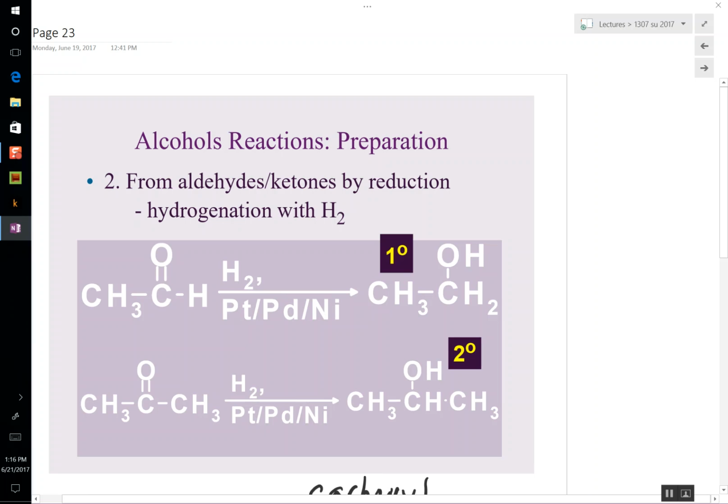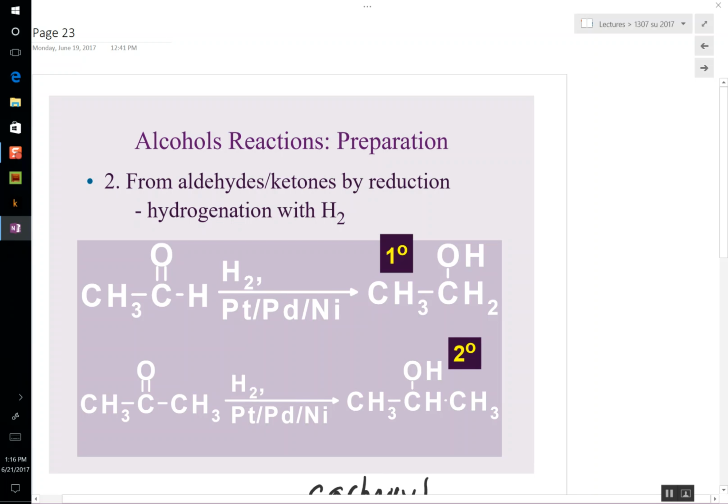On the end of the molecule, where the oxygen was to begin with. So if it is on the end, it's a primary alcohol. You hydrogenate an aldehyde, you get a primary alcohol.